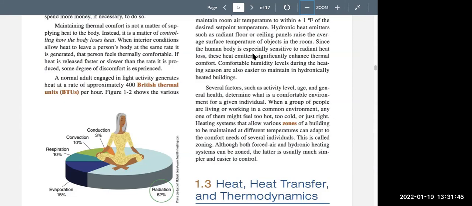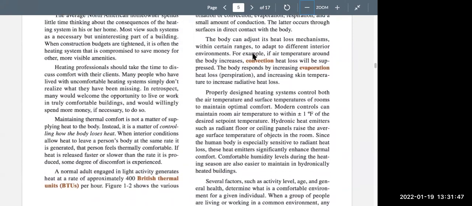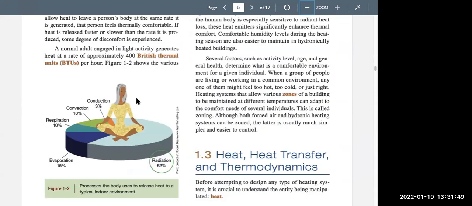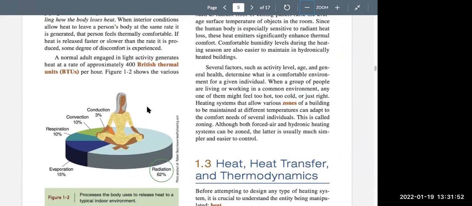So let's move on a little bit. What we're talking about is that a person could be very uncomfortable based upon the type of house that they're living in and the type of comfort level that they want to have. This is saying that a normal adult engaged in light activity generates heat at a rate of about 400 BTUs.